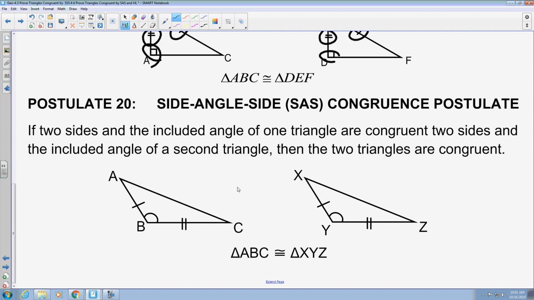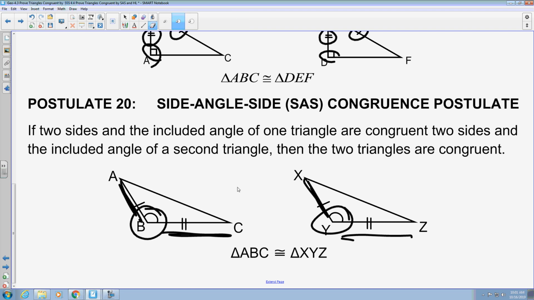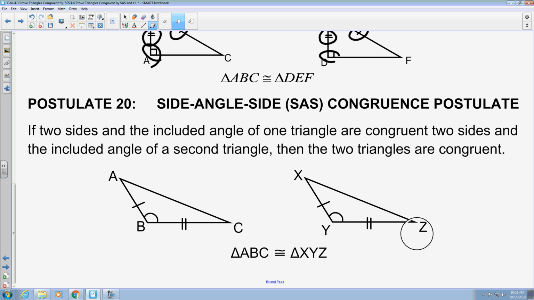So if you look here, AB is congruent to XY and BC is congruent to YZ. And if you notice, those two congruent sides also share the congruent angle, which is B and Y respectively. Okay, and that's the only way you can determine something is congruent using side angle side when it's not a right angle.